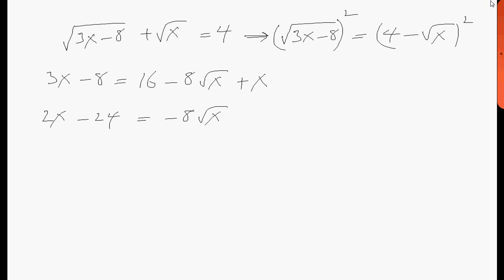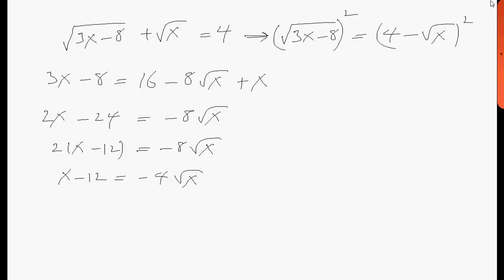Okay, at this point I can see that it's possible to factor out 2 from this expression, and on the other side I have minus 8 radical x. So let's simplify so that we can work with smaller numbers. If I divide both sides by 2, I get x minus 12 equals minus 4 radical x.